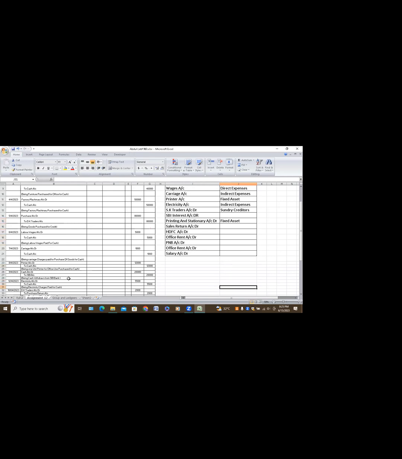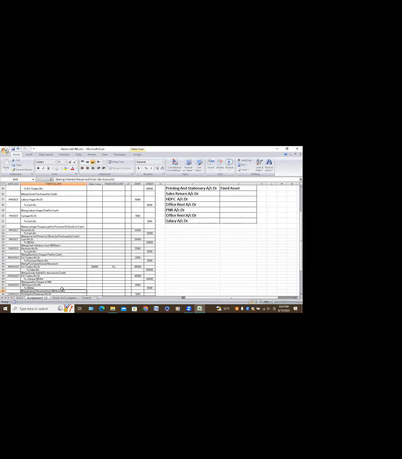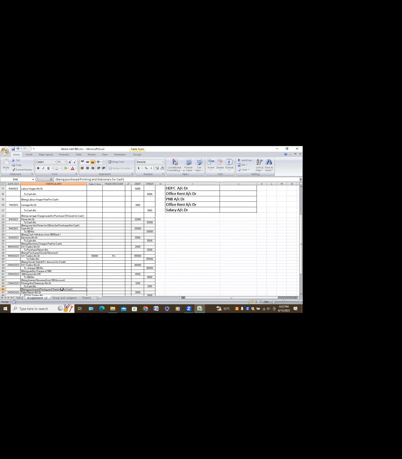SBI interest account. What is that SBI interest account? Interest received, ma'am, from bank. Received means it is income, so make it interest received there.